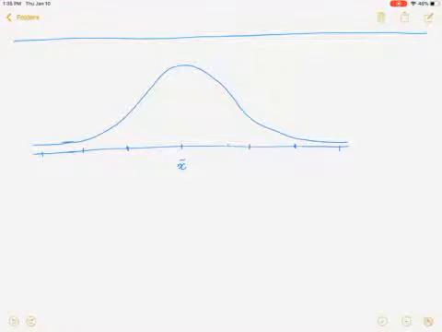Sometimes I might have data that is sitting in between the mean and 1 standard deviation above the mean. Then what do I know? How can I figure out where this point is located?